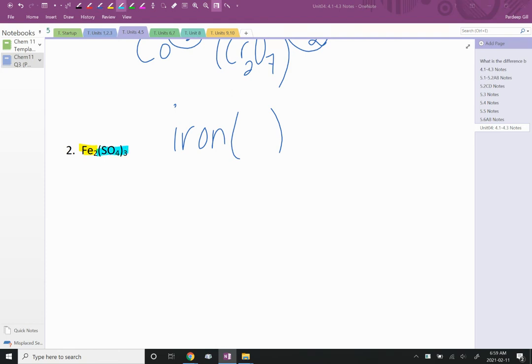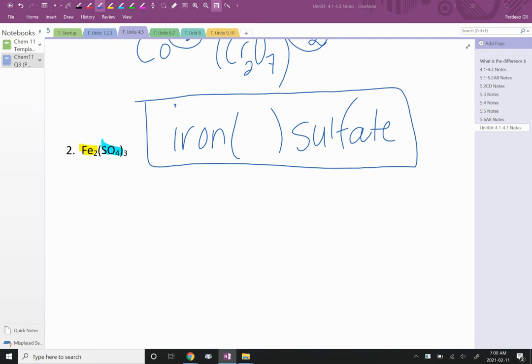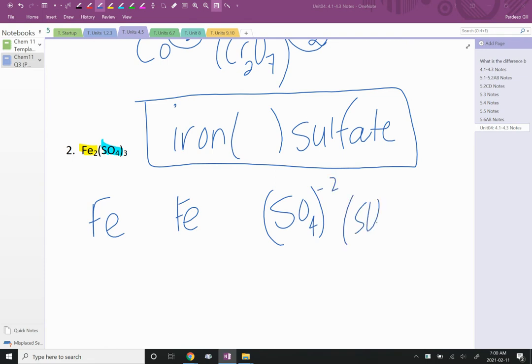And then this complicated group here is a polyatomic, and it's going to be SO4 with a charge of -2, so it's sulfate. So we're almost there with the name, we just need the charge. So let's go ahead and figure out the charge. So iron, we have 2 iron ions there, and sulfate, we have 3 of them, but we know the charge for each sulfate is -2.